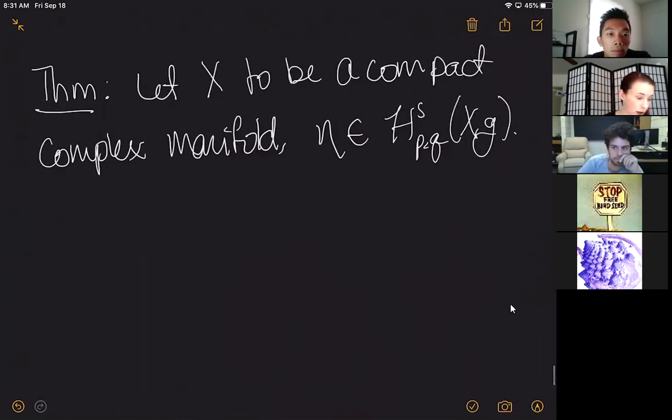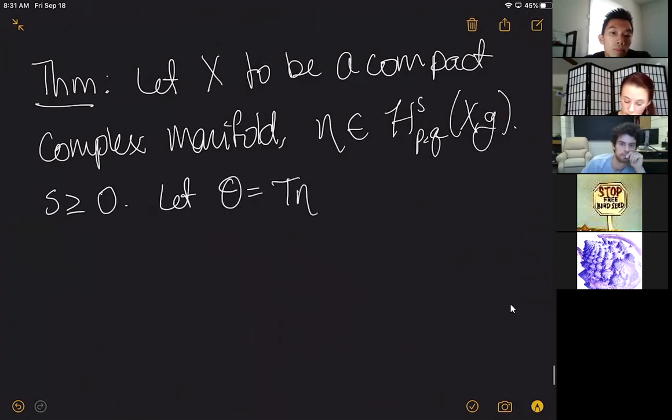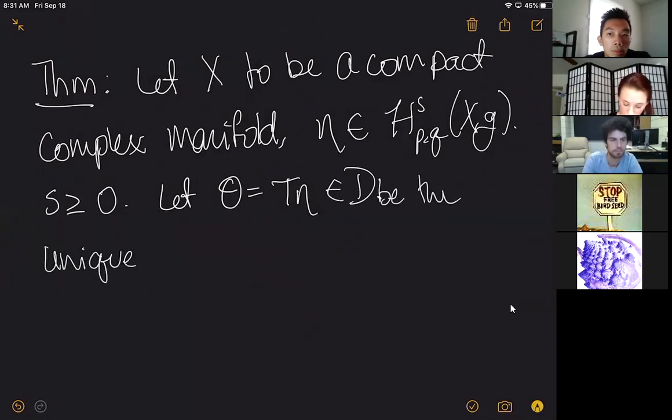So we're taking S bigger than or equal to 0. Let theta be T eta, which is again in our domain D, be the unique solution to F theta equals eta.